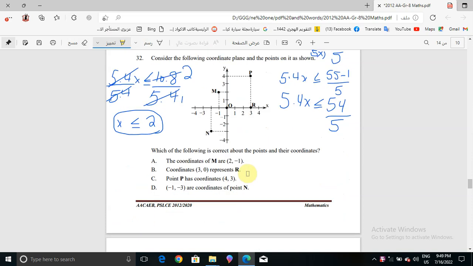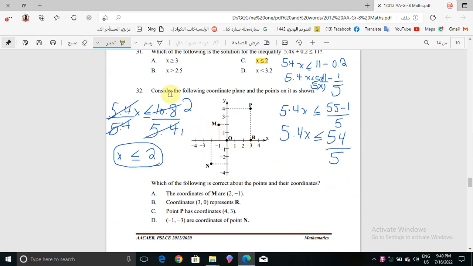Okay, now question number 32 is asking what? Consider the following coordinate plane and the points on it as shown here, and which of the following is correct about the points and their coordinates. Here the coordinates of M are 2 and -1. Okay. Coordinates 3, 0 represents R. No. And also A is not.